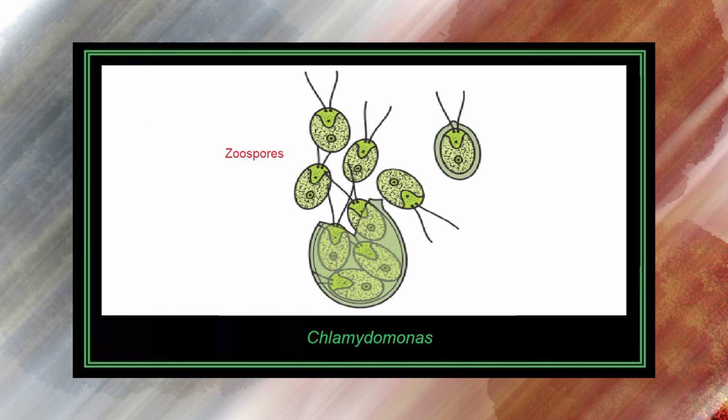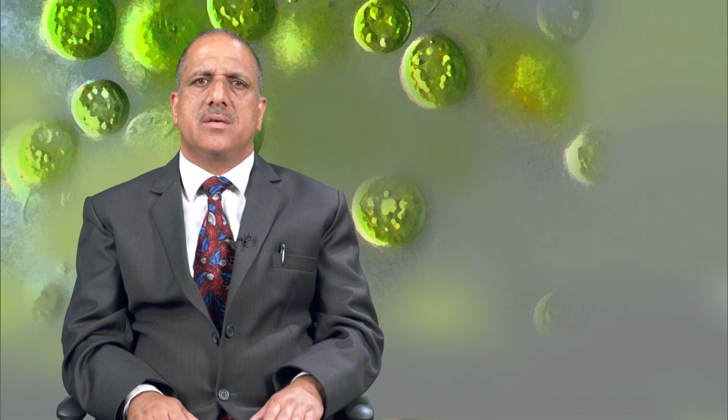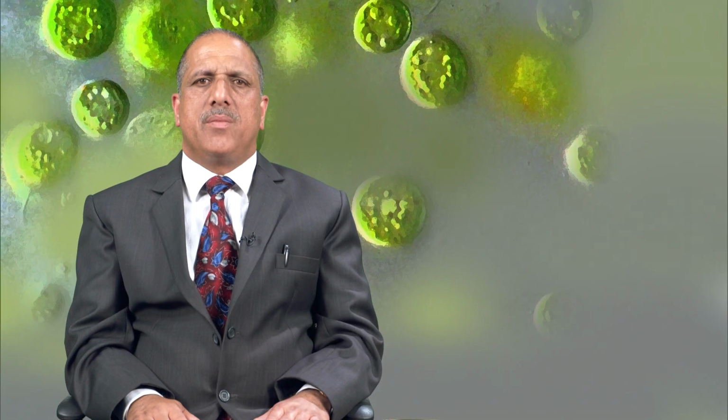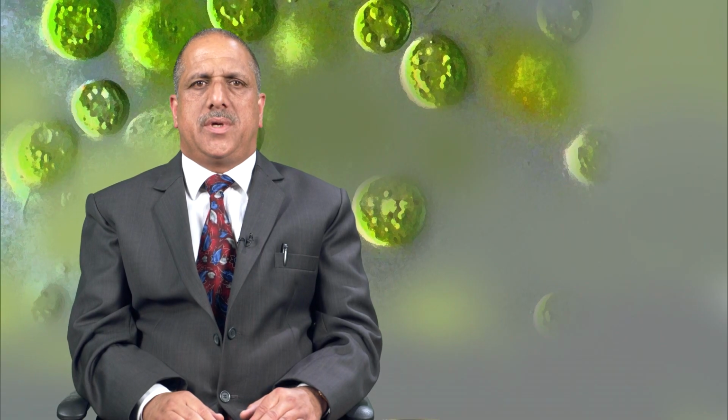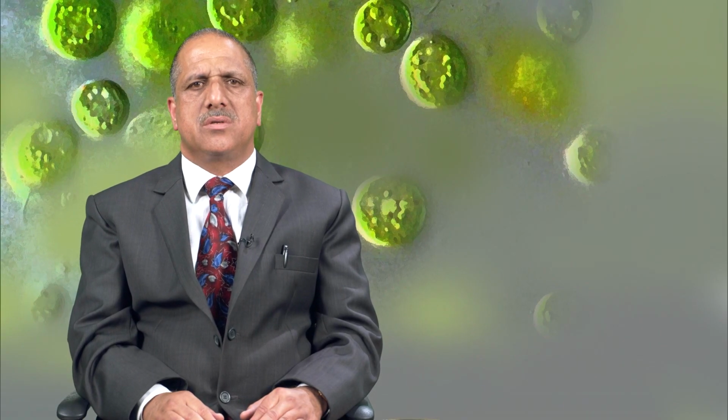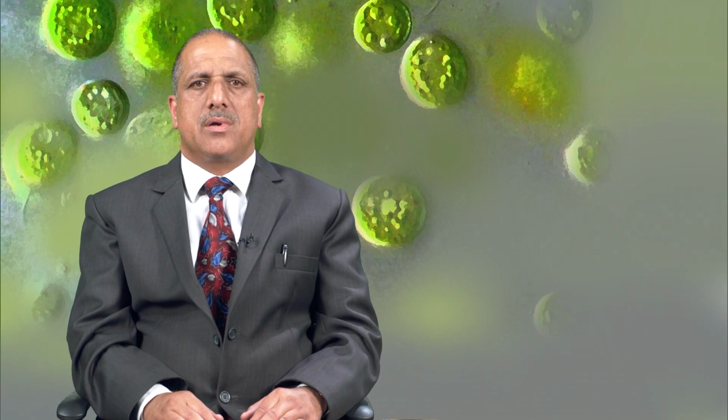Chlamydomonas forms zoospores during favorable conditions. The protoplast contracts and gets separated from the cell wall. The parent cell loses flagella. In some species of Chlamydomonas, flagella are absorbed. The contractile vacuoles and the neuromotor apparatus disappear.